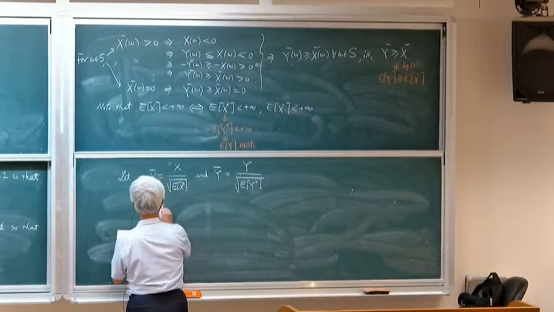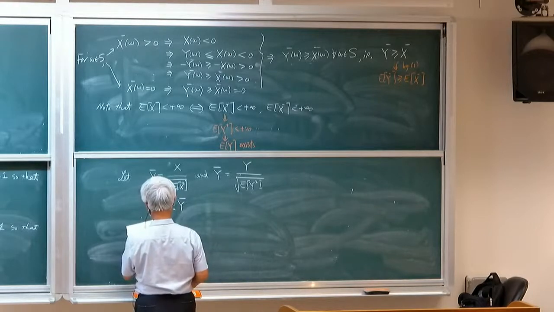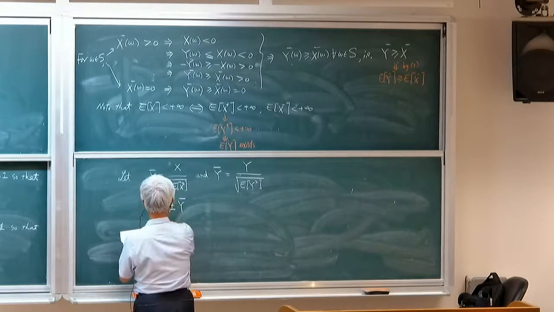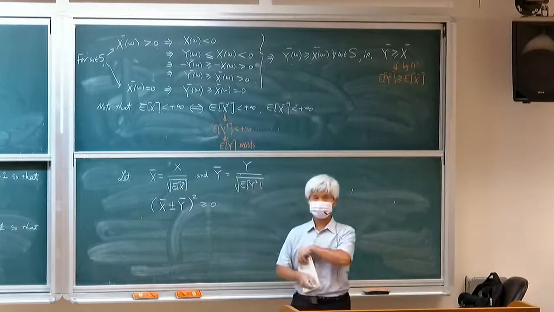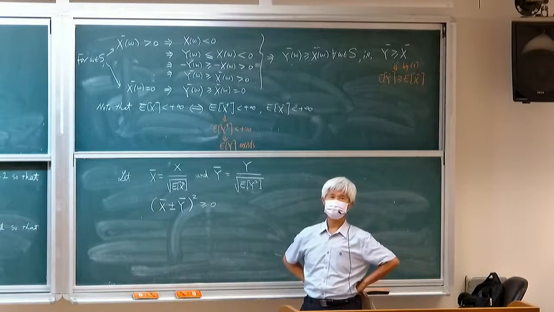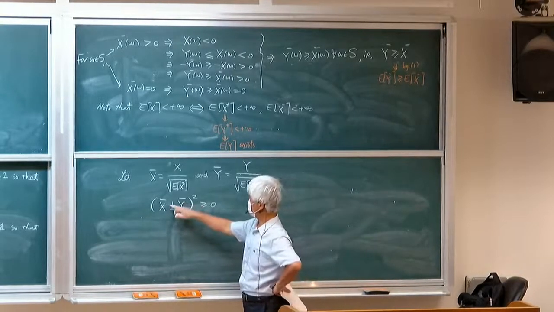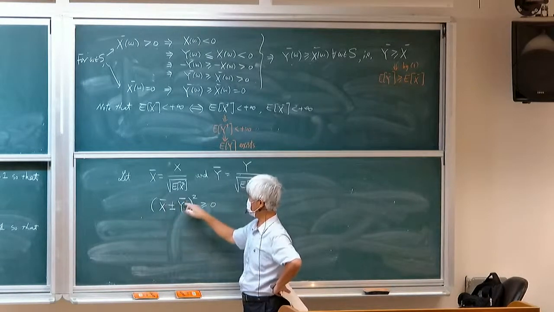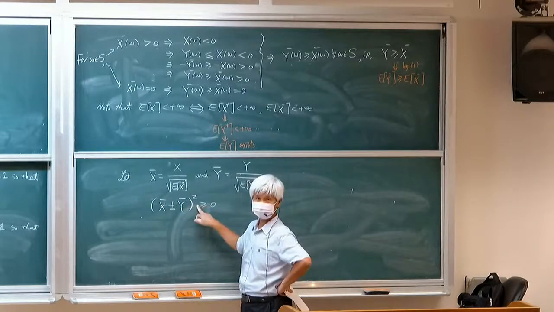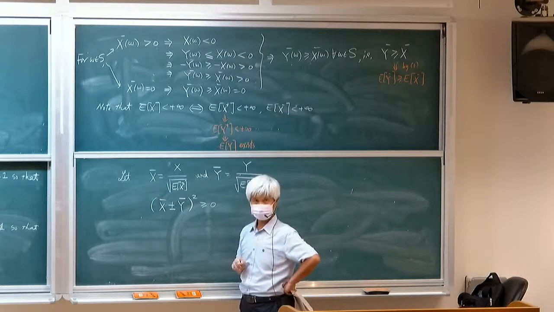So we have this inequality. If we take plus minus of x bar, y bar here, and take the square, we know that this would be non-negative.